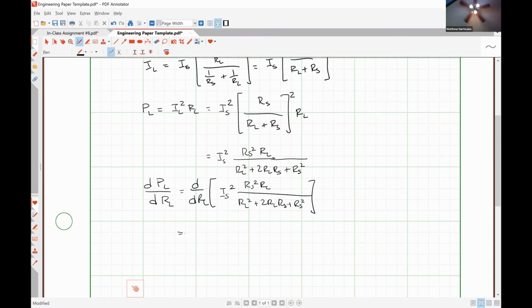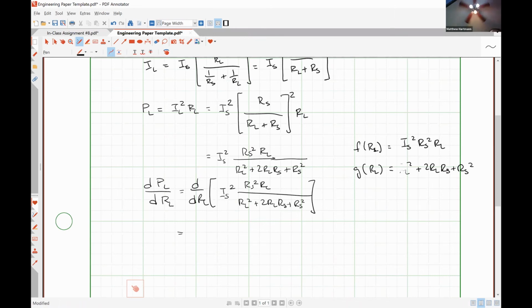So where, let's see, f of RL is IS squared RS squared RL, and g of RL is RL squared plus twice RL RS plus RS squared.